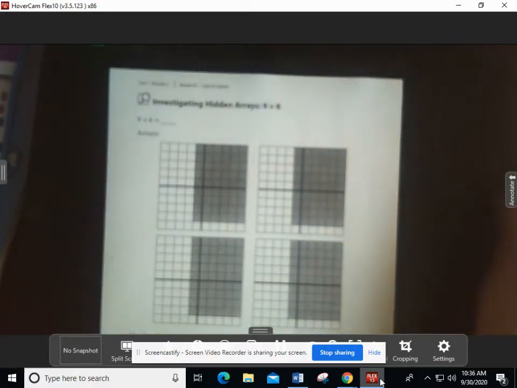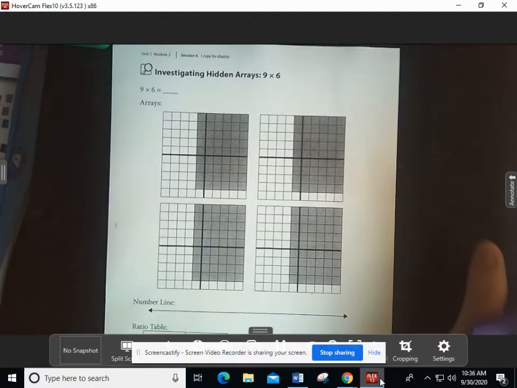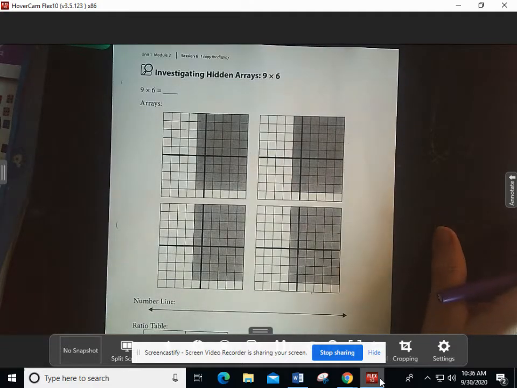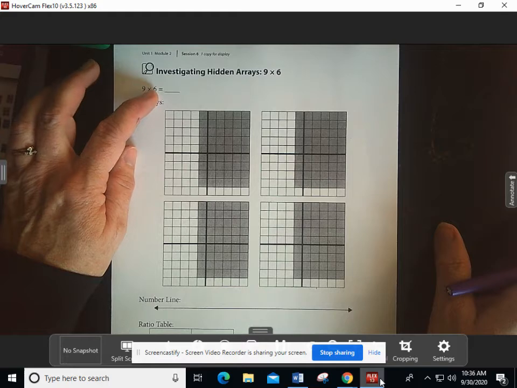And then the 9s. Some of you already use this strategy because you've said it in class, where 9 is so close to 10 that you think about the 10 times the number, and then you subtract a set. So here we're talking 9 groups of 6, so we're counting by 6s.